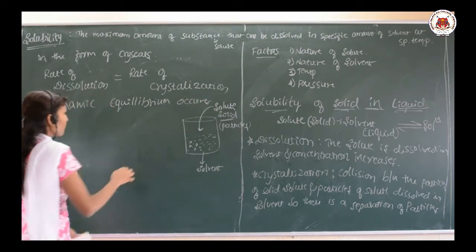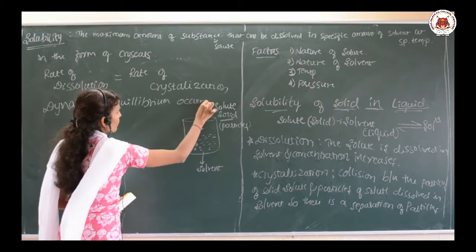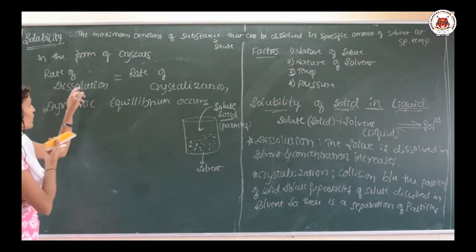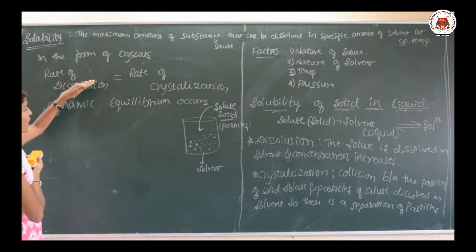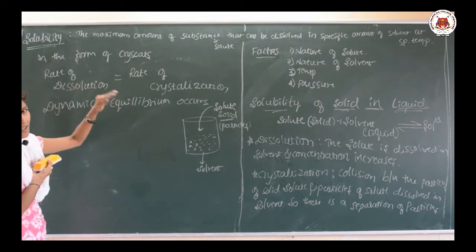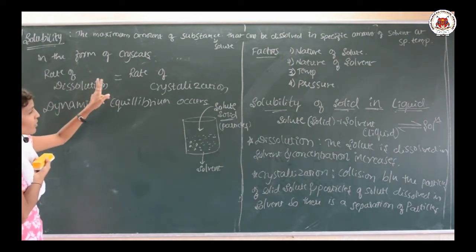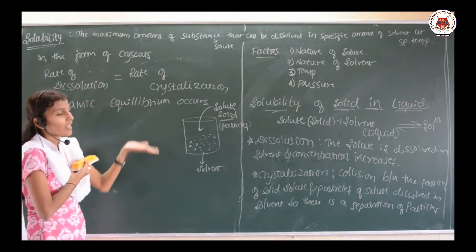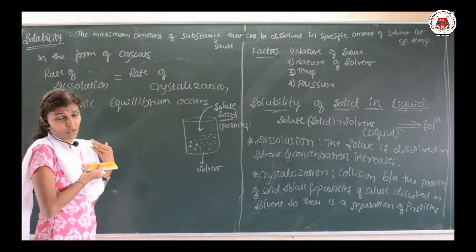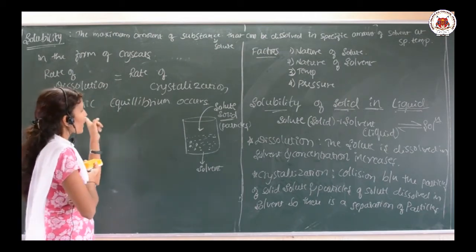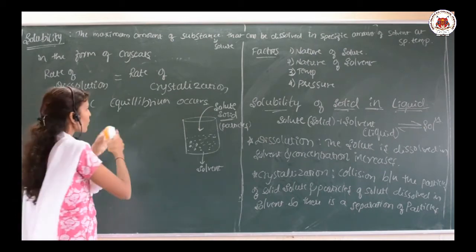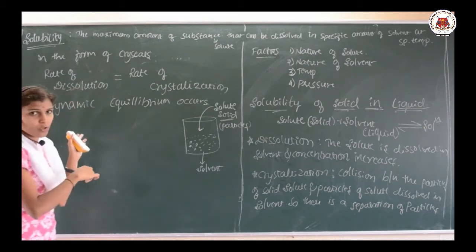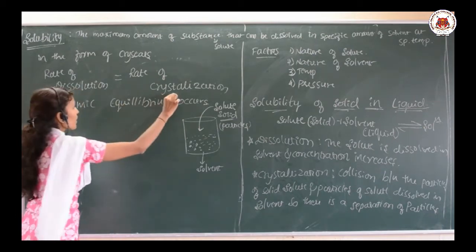It means what? Rate of dissolution, how many particles are dissolved in the solvent, becomes equal to how many particles are getting separated. So during that time there is an equilibrium, that is what we call a dynamic equilibrium.